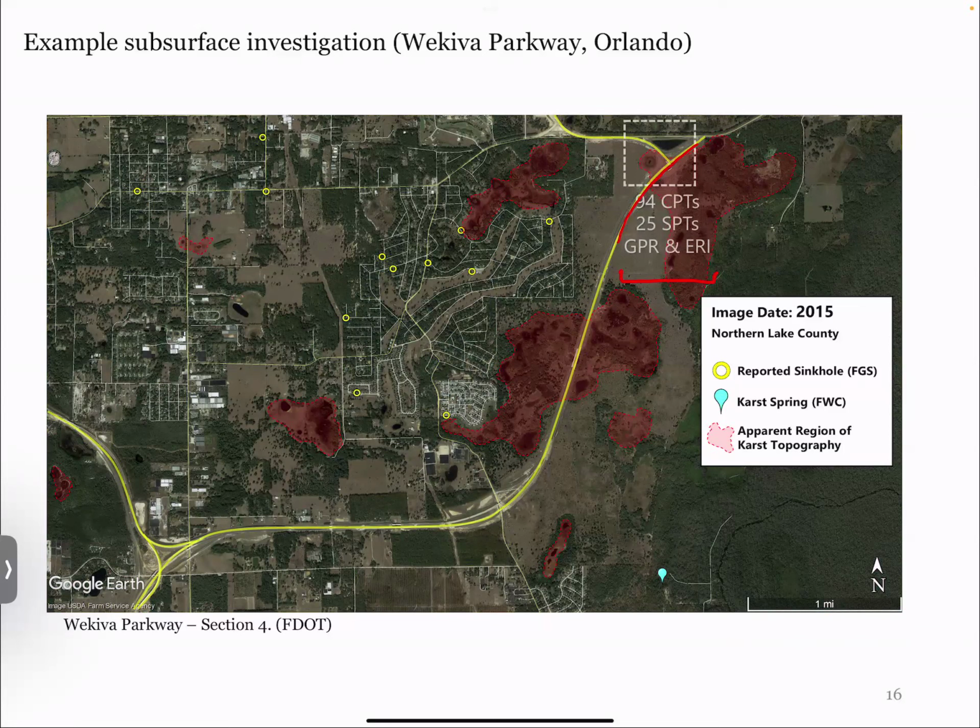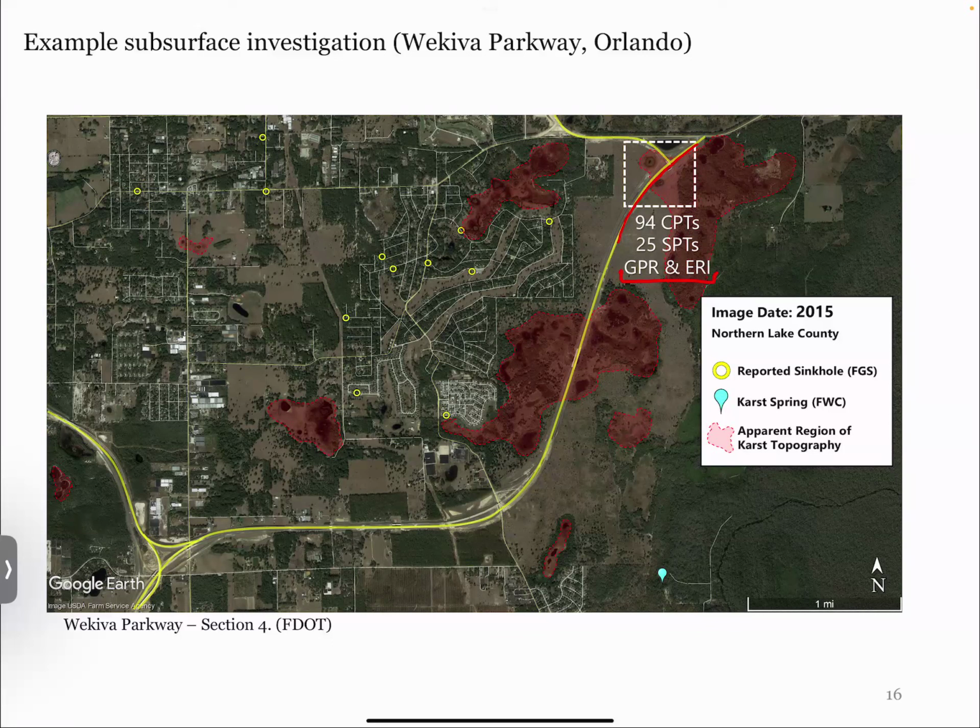And just for reference, in this one little 1.2 or 1.5 mile region of roadway, there were over 25 standard penetration tests and 94 cone penetration tests performed just in here, because of the risk of sinkhole activity.